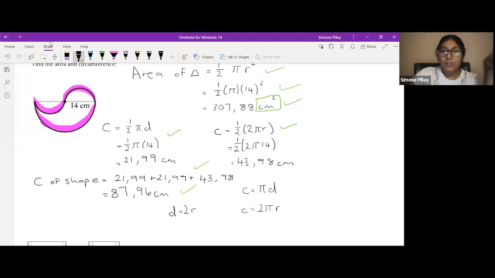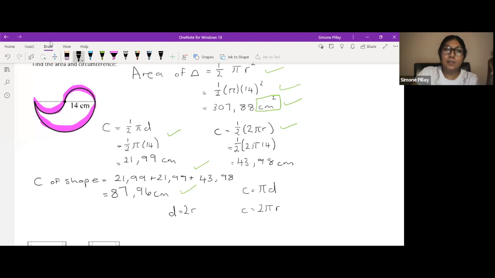Because my diameter is the same thing as 2 radii, can you see that I have pi times the diameter? I also technically have pi times the diameter because it's pi times 2r, which is 2 of my radii, which brings me straight back to a diameter. So you can use either formula depending on what you have. That's why with this one here, I used pi d because in this small semicircle, 14 was my full diameter.